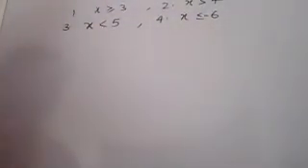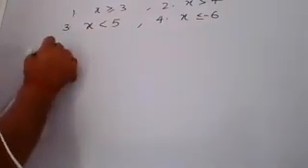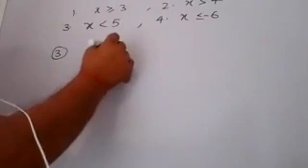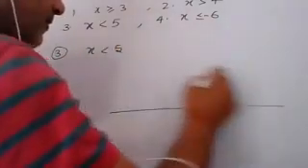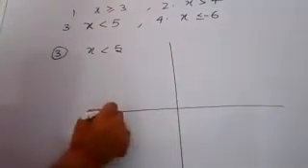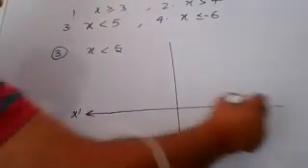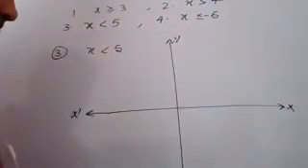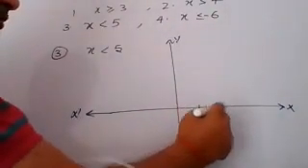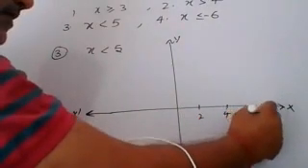Your third question is x is less than 5. I think you all feel it is easy to plot its graph. Just take x dash, x, y, y dash. Here you have 2, 4, here you have 6.